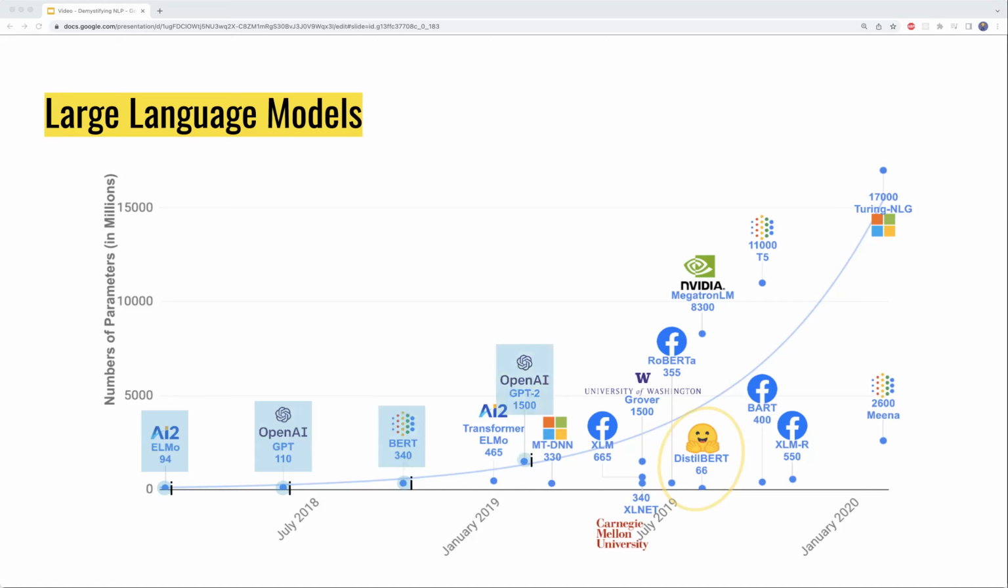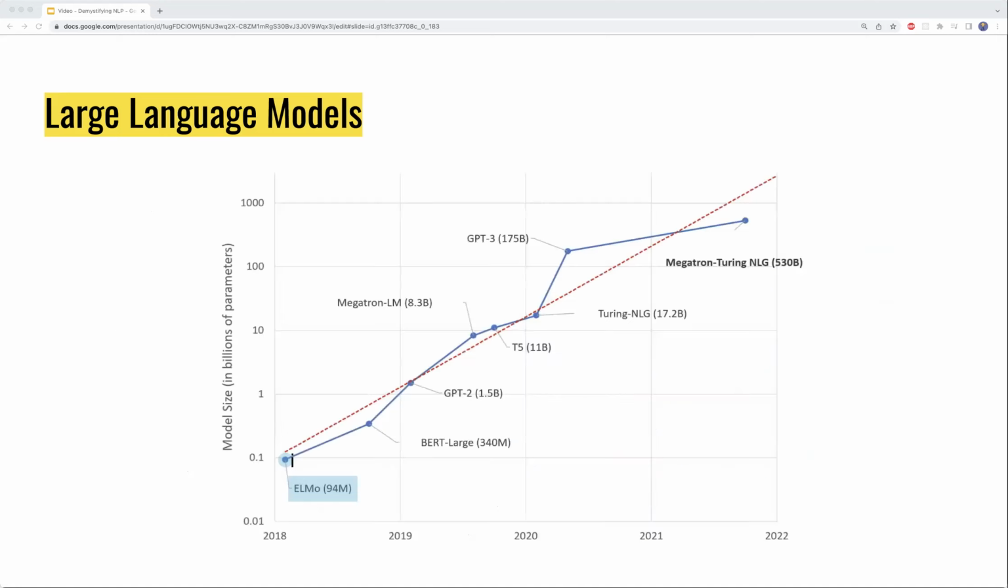Then from GPT-1 to GPT-2, they went from 110 to 1500. That's more than a tenfold increase. And T5 is an encoder decoder transformer, also from Google, with 11 billion parameters, that's about 10 times larger than GPT-2.